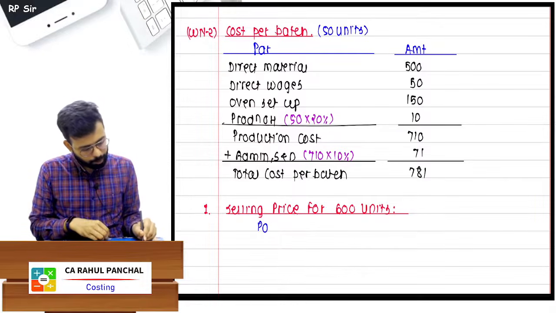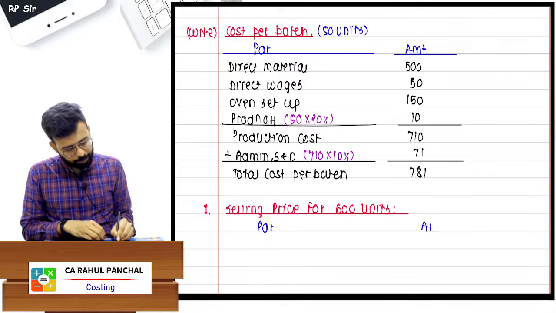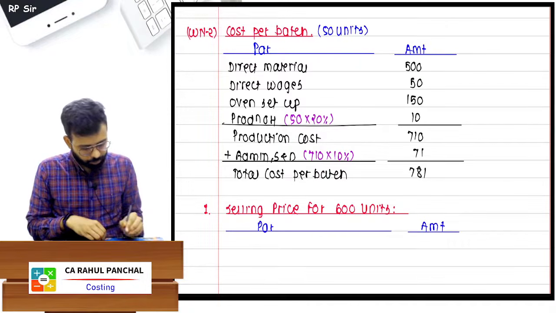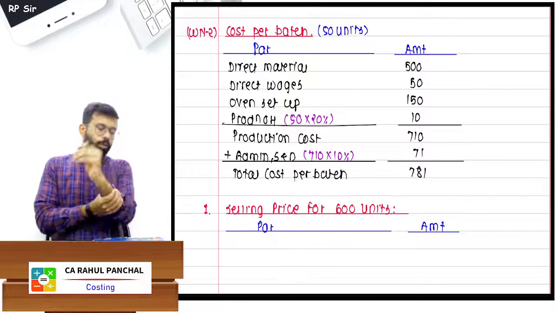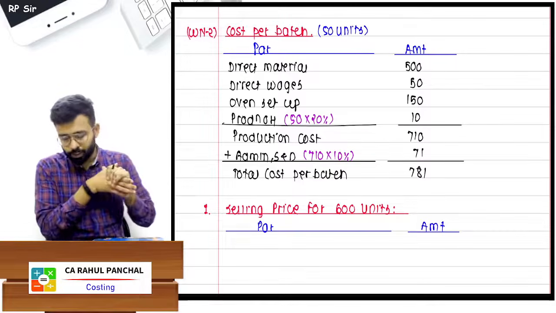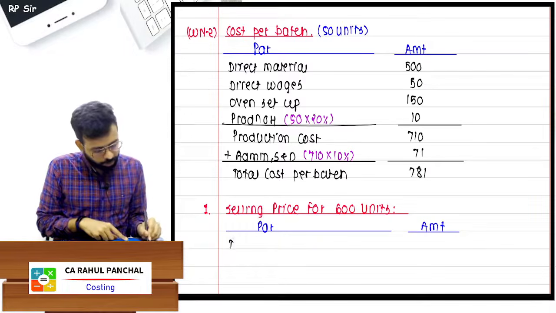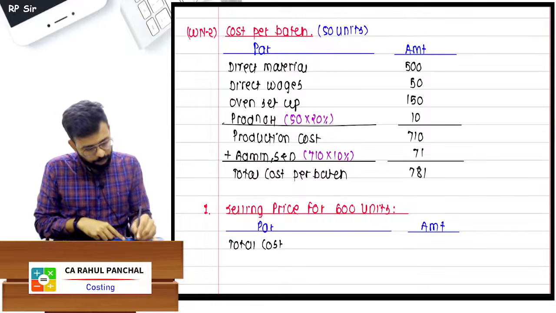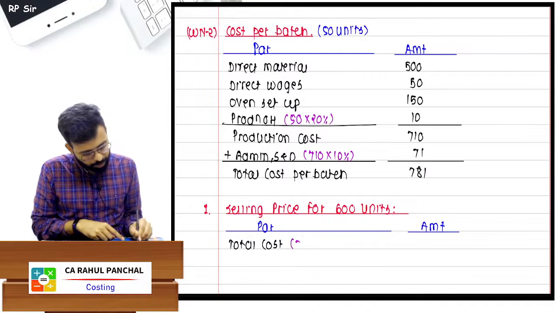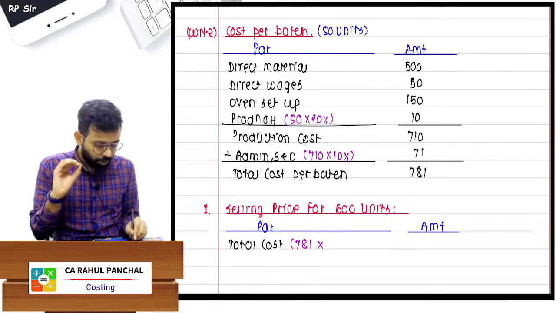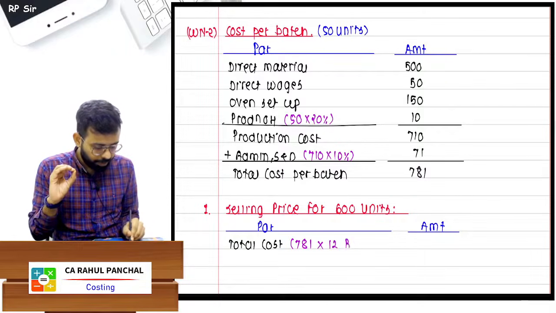Particulars, amount. What we will do is first calculate the total cost. You incur 781 for one batch, and we will have to run 12 batches for 600 units.